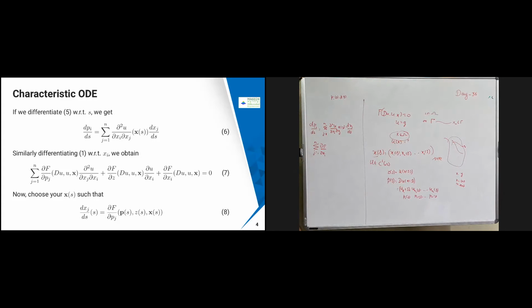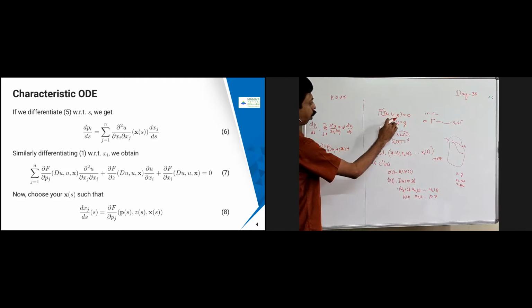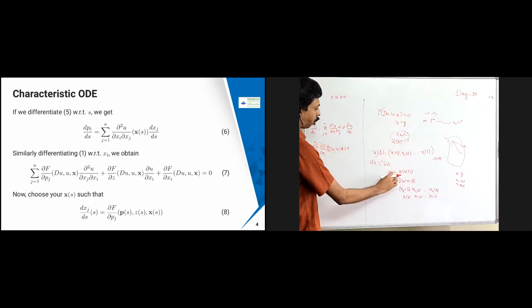Anyhow, the same thing. Dou f by dou xi into dou u by dou x. Okay. Plus I have summation j equal to 1 to n. Okay, I have to differentiate with respect to u. U is nothing but z.